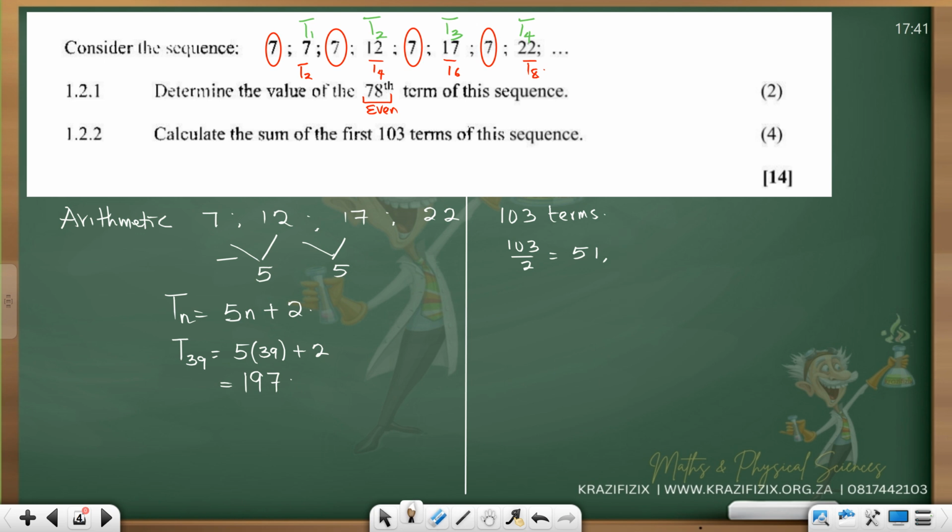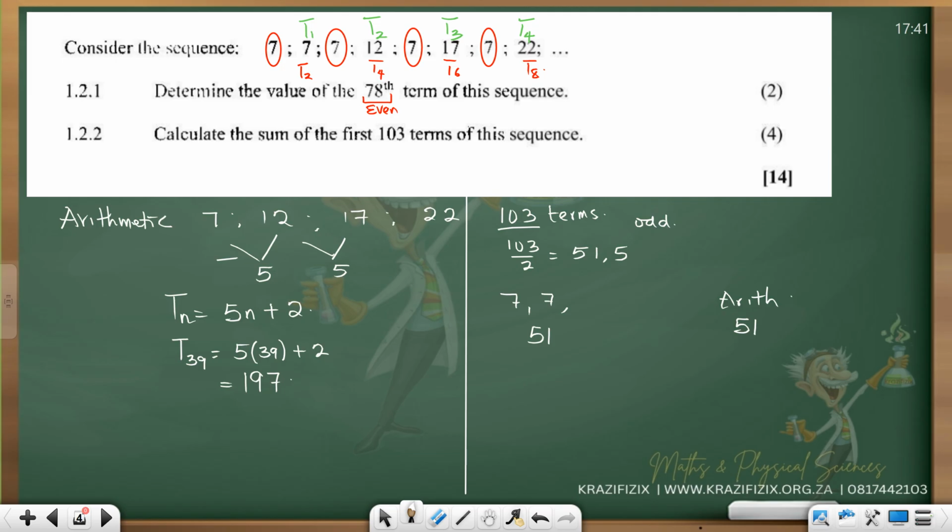But what am I trying to show you? Do you notice this 103 is an odd number? It means for the sevens, we have 2 terms. And for the arithmetic, first, I have 51 of this and 51 of that. That gives me 102.